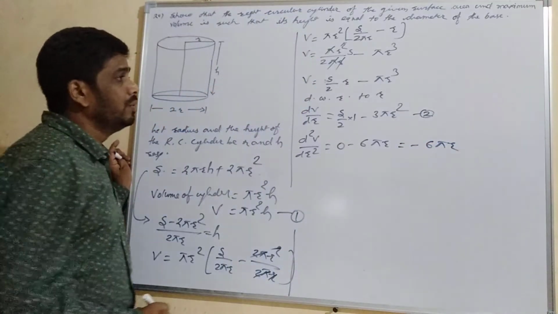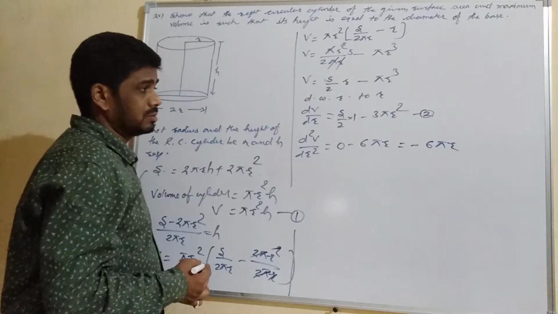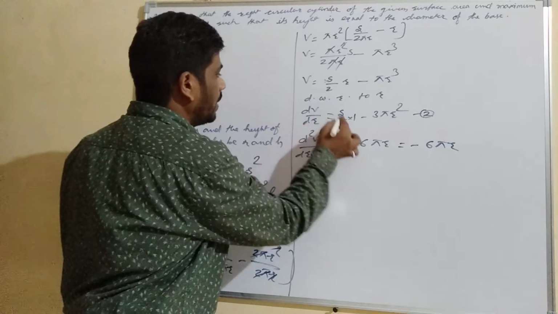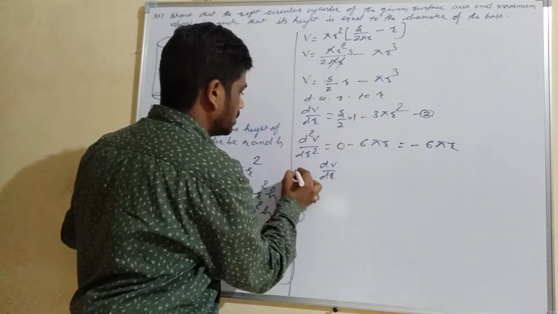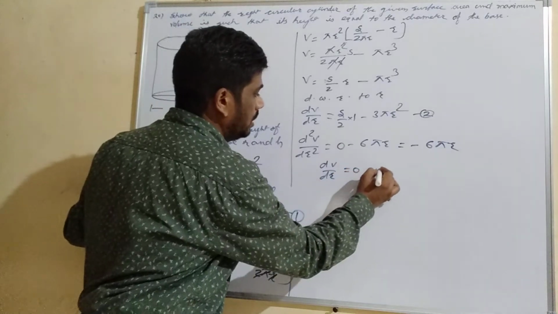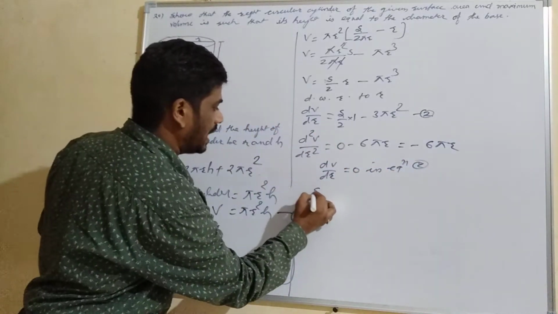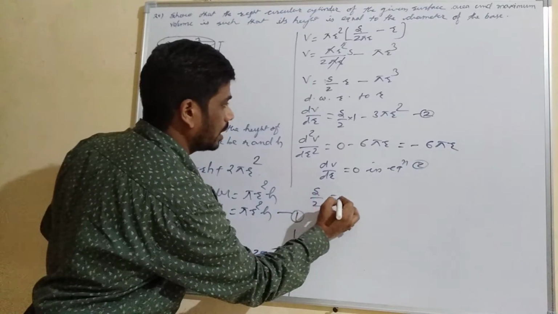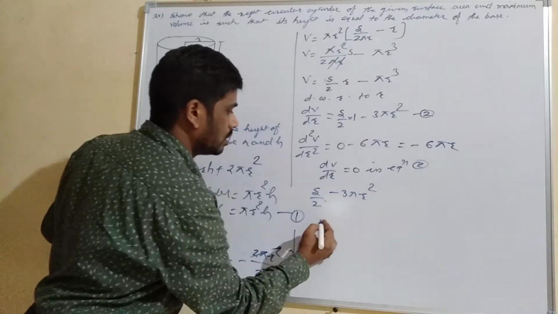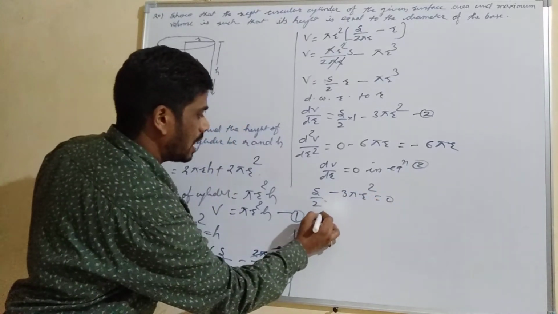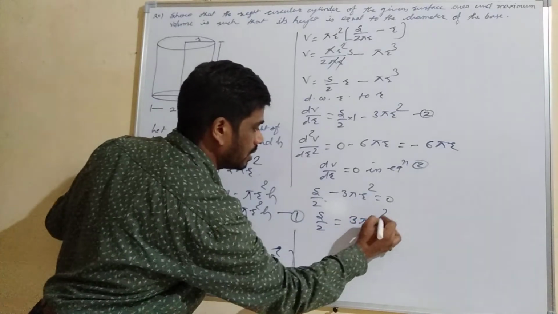Now we will find the value of r. So we will substitute dv upon dr equal to 0 in equation 2. So this will be s upon 2 minus 3 pi r square equal to 0, which means s upon 2 equals 3 pi r square.